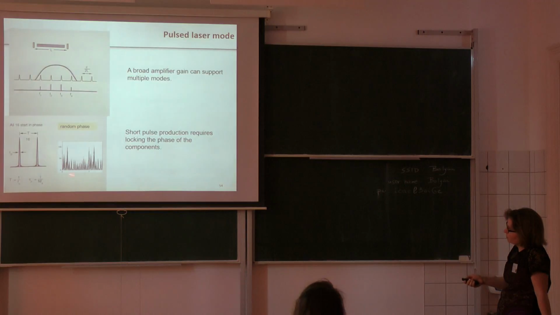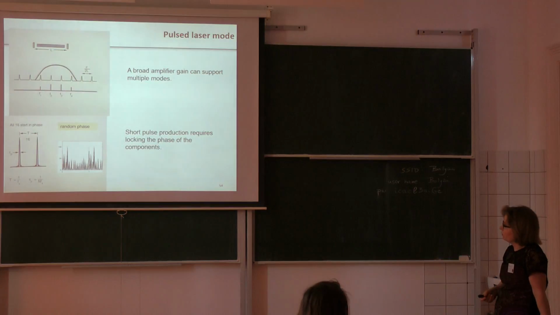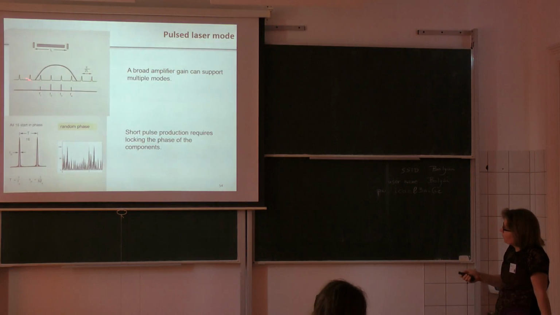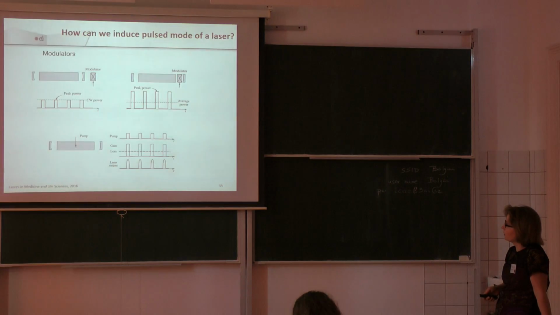If we have a random phase behavior, this is what we get, a random fluctuation of light. If we have a well-ordered phase behavior, we get the short pulses that we require. So the broad amplifier bandwidth and the spacing of these lines, which is described by the length of the cavity, will give us the possibility to produce these short pulses.